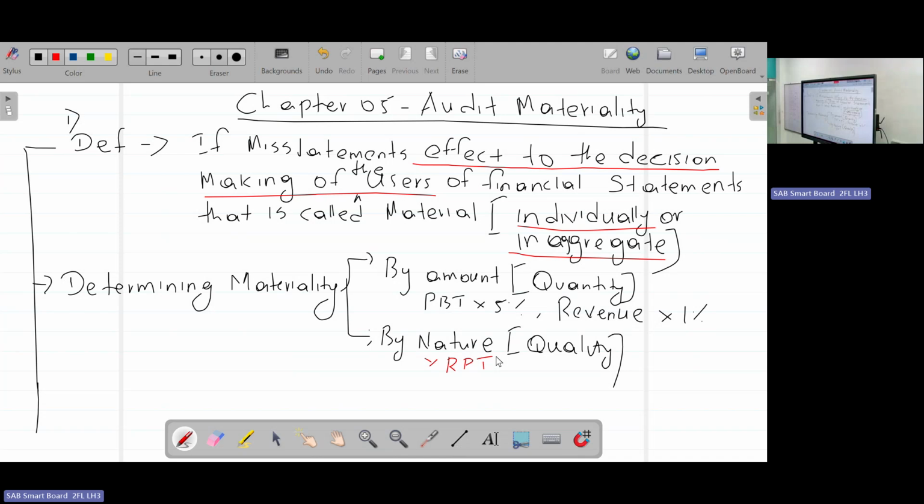But still you have to consider that 2 million as a material transaction, because the parties involved in the transaction may be influenced by their relationship.